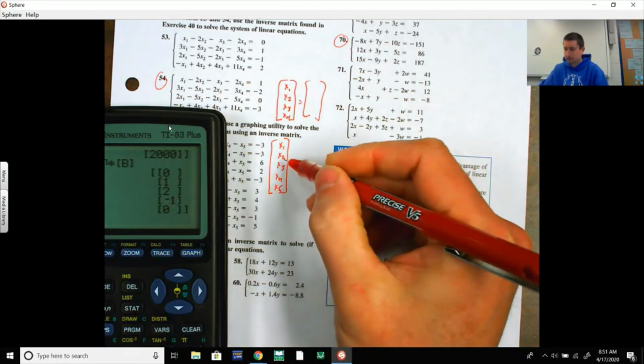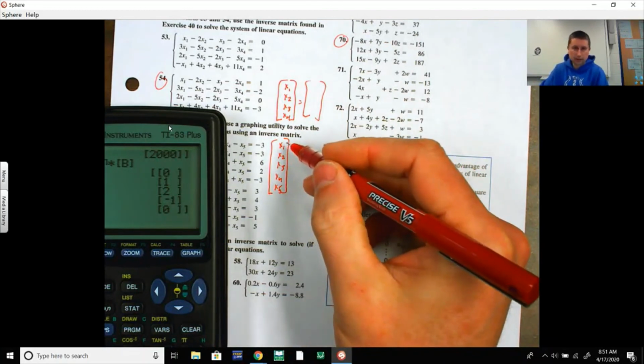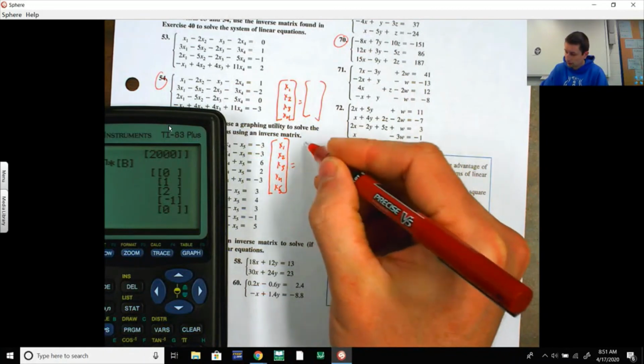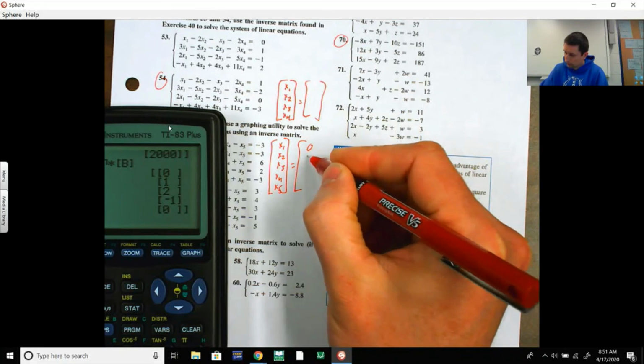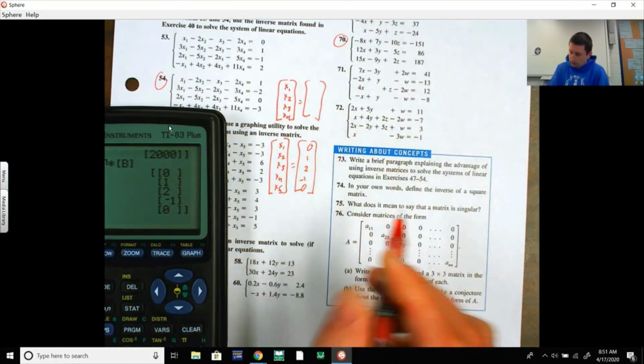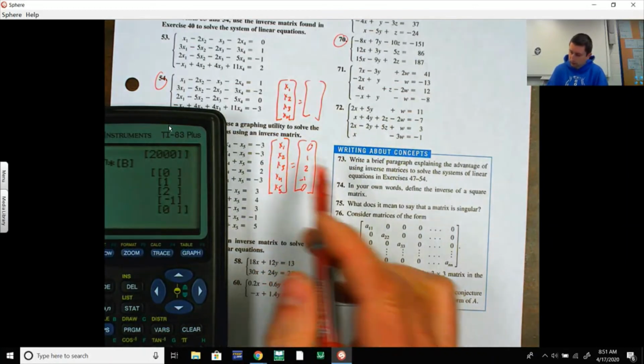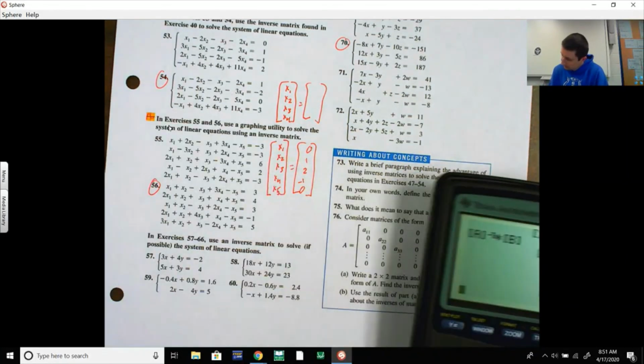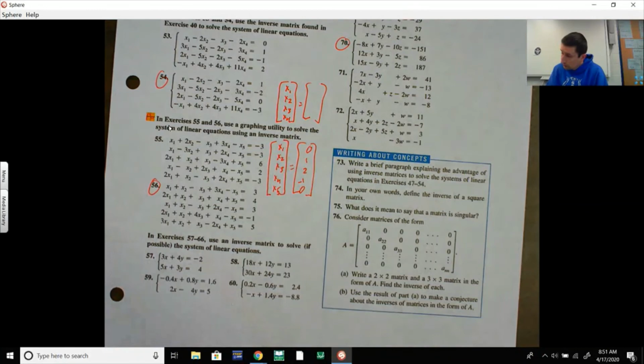If you want to change these variables to v, w, x, y, and z, that's okay. That'll be easier on your answer part. 0, 1, 2, negative 1, 0. Or I would be okay if you just write them out: x1 equals 0, x2 equals 1. I like the matrices though right now. So that's what you're doing with the rest of these.